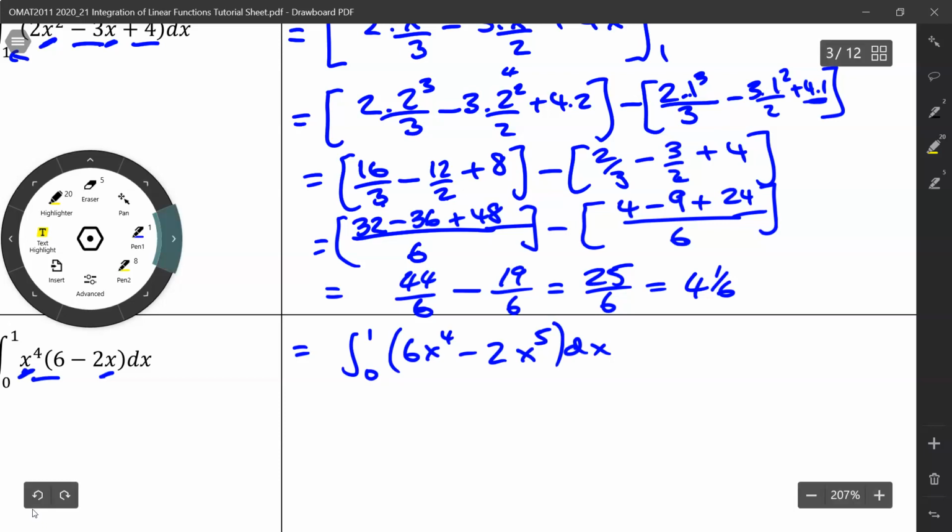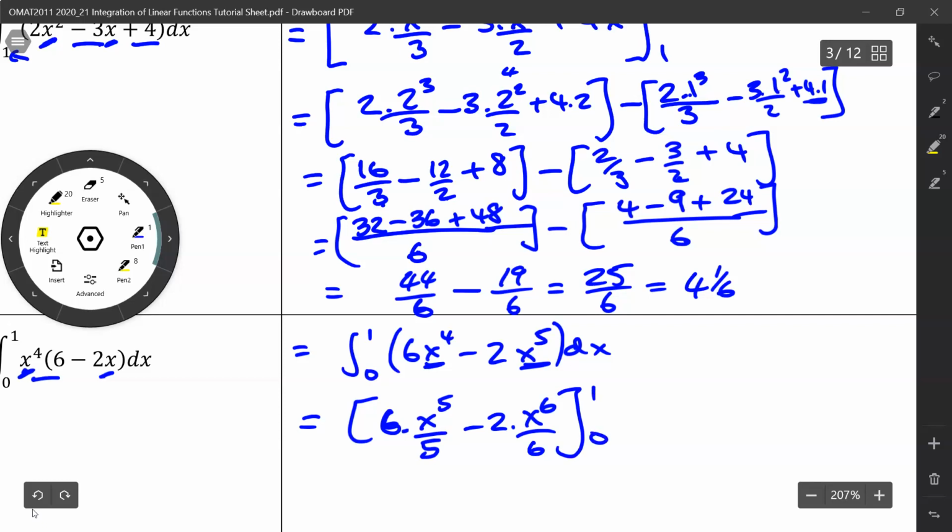And if I go ahead and integrate this, 6 times x to the 4 is x to the 5 over 5, minus 2 times, and x to the 5 is x to the 6 over 6. And that goes from 1 to 0.